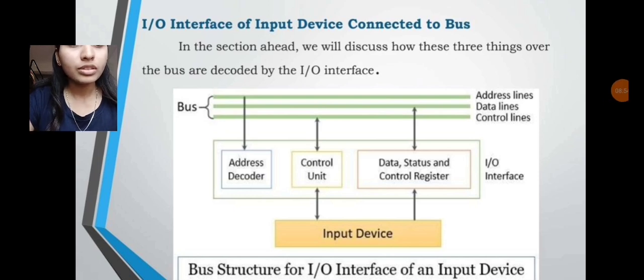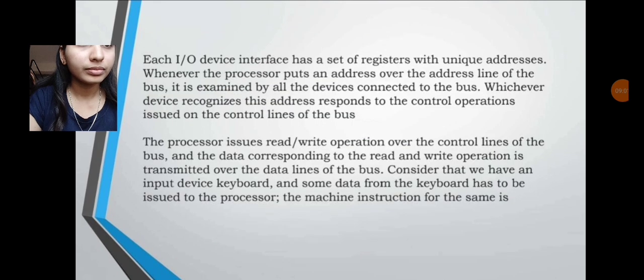This is the bus structure for the input-output interface of an input device. Let us discuss the structure one by one. Each input-output device interface has a set of registers with unique addresses. Whenever the processor puts an address over the address lines of the bus, it is examined by all the devices connected to the bus.